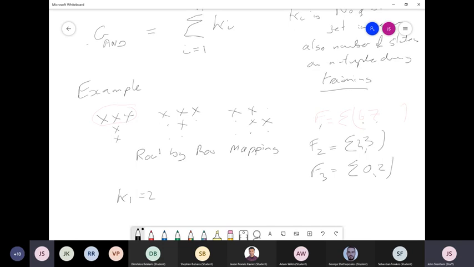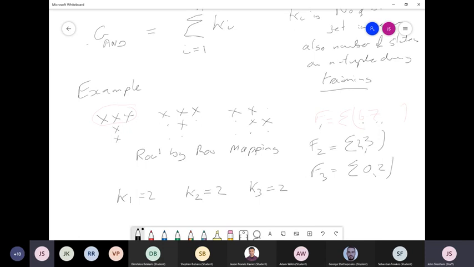K2 is going to be 2 and 3, or 0, 1, 0 and 0, 1, 1, and that is going to be 2. And K3, the number of bits set in the third function, number of terms, number of interval states, is also 2.